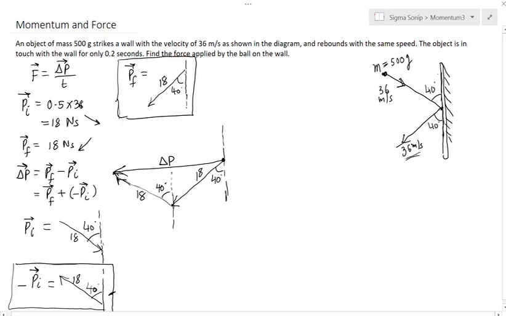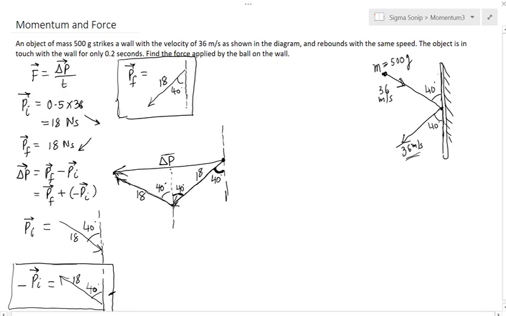Okay, the length is 18 in both the cases, and this is delta p that I need to find. Now this is an isosceles triangle because this length of the triangle is 18, that length of the triangle is 18. And further, this angle is 40 degree, so that angle will also be 40 degree because they are alternate angles between two parallel lines.